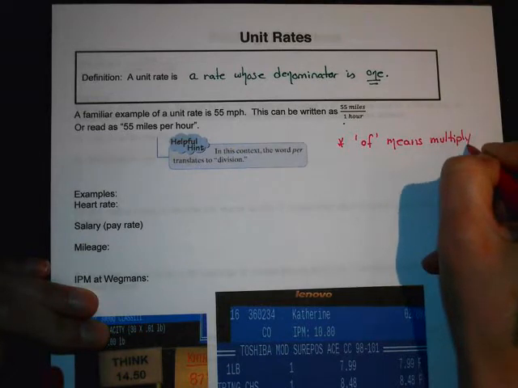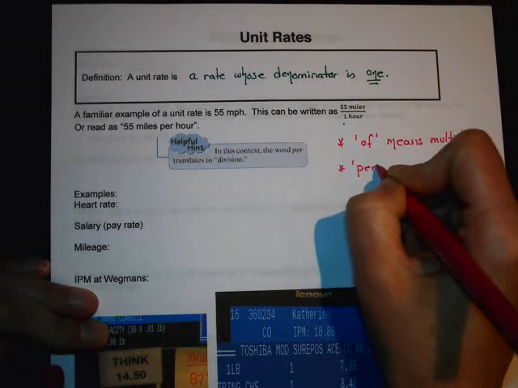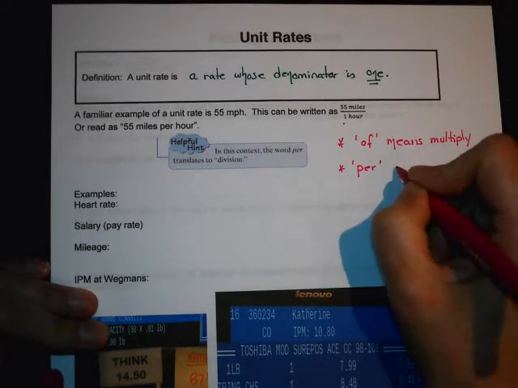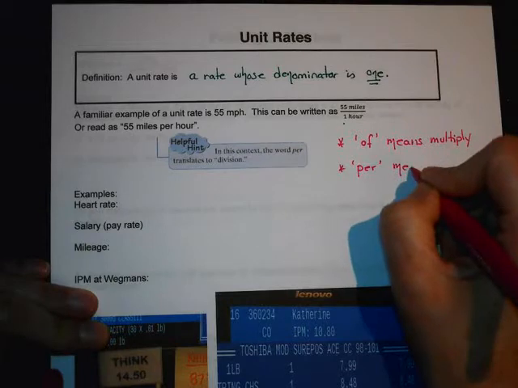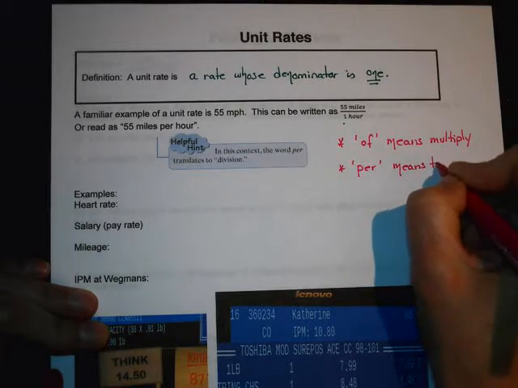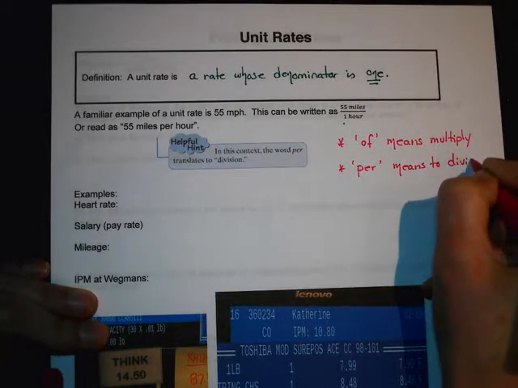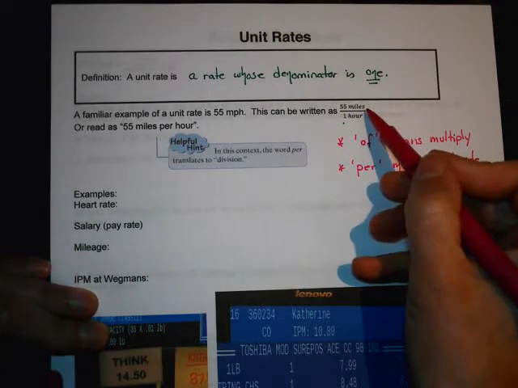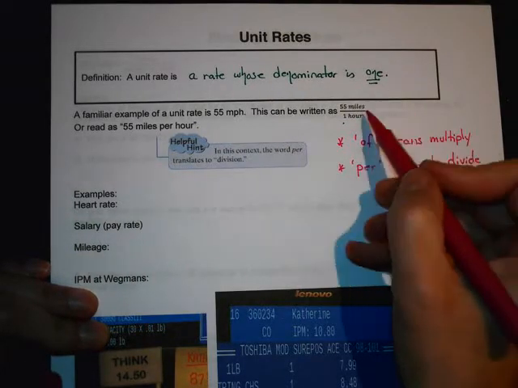The word per triggers division. Okay, so when we say 55 miles per hour, that means that hour is on the bottom of a fraction.